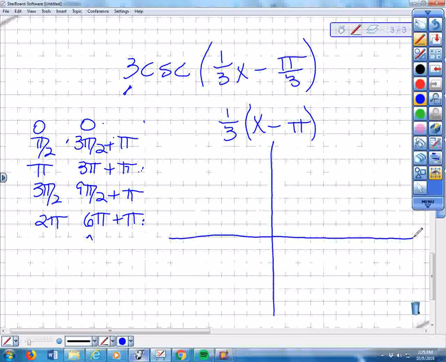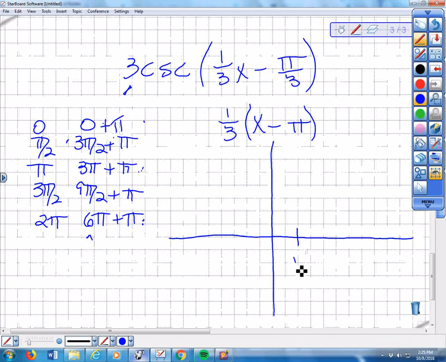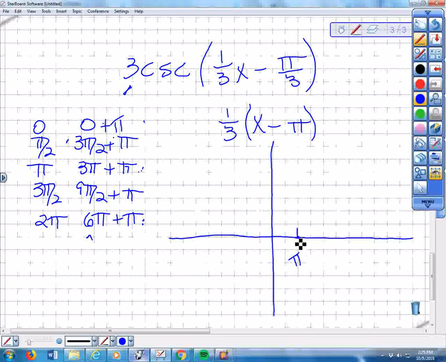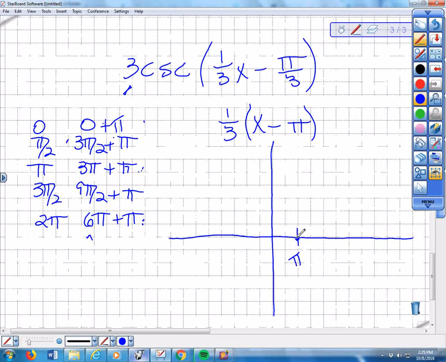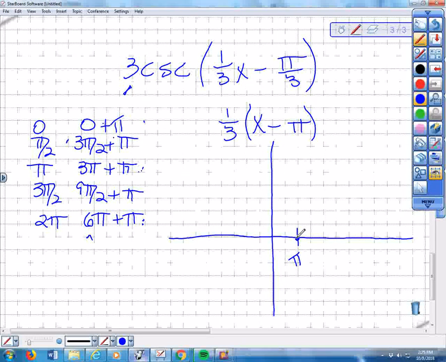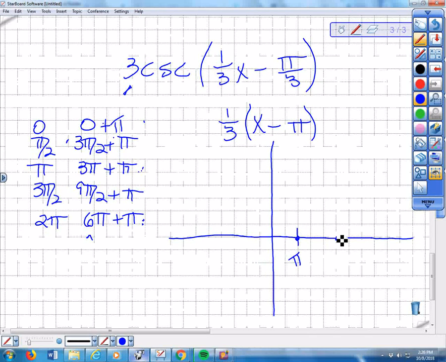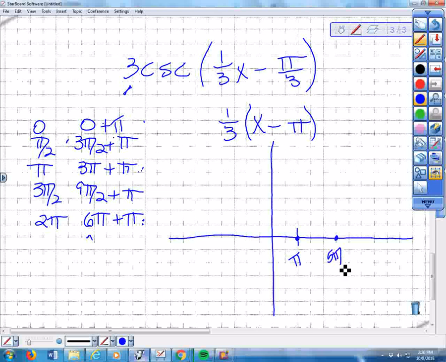So instead of 0, the first point happens at pi. And then I'm going to go 5 pi over 2, which is 2.5 pi. Your fractions get really good in trig.